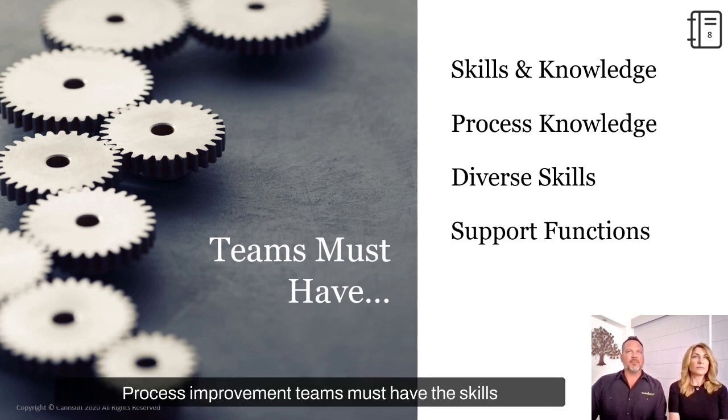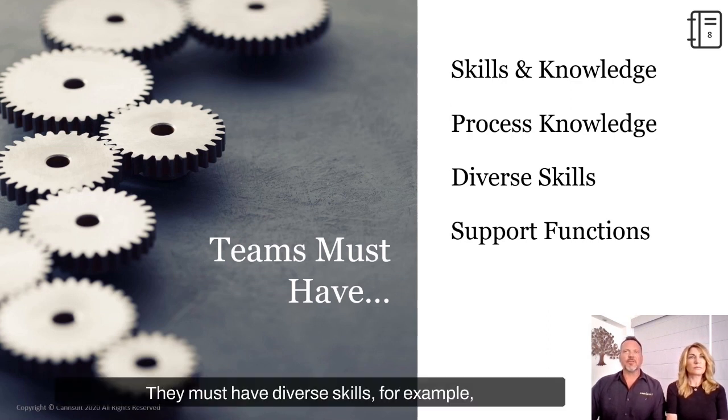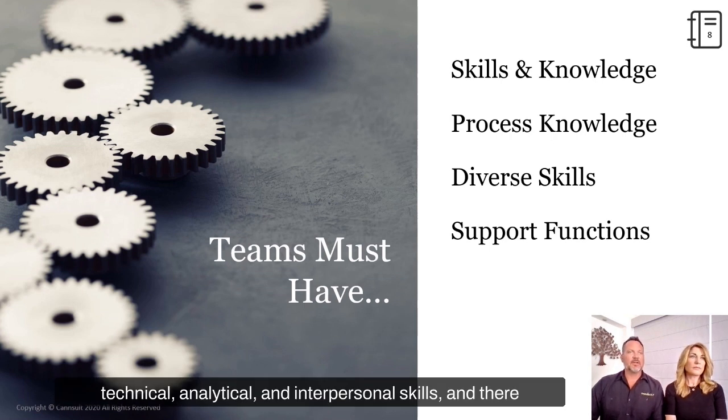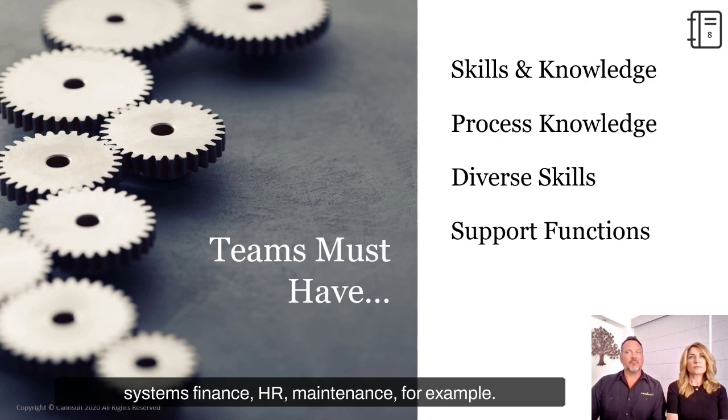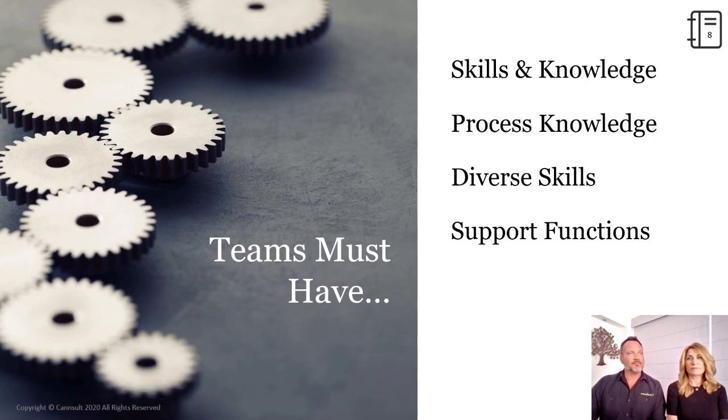Process improvement teams must have the skills and knowledge to meet project needs, an understanding of the process being improved. They must have diverse skills, for example, technical, analytical, and interpersonal skills. And there should be representation from critical support functions. This would be functions such as systems, finance, HR, maintenance, for example.